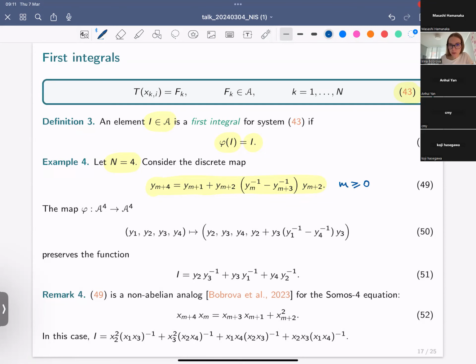For instance, when m is equal to 0, we have y1, y2, y3, and y4. So this equation can be rewritten as a map from A to A to the power of 4, and in coordinates this map is given by this formula.